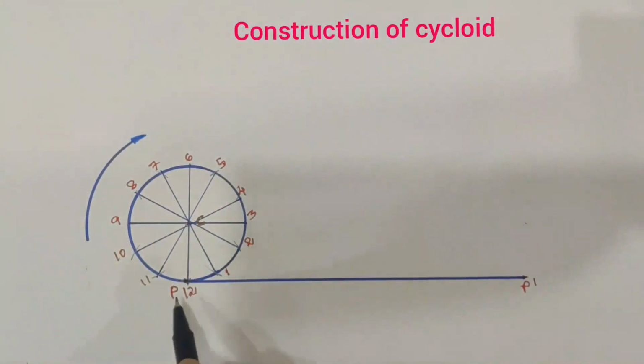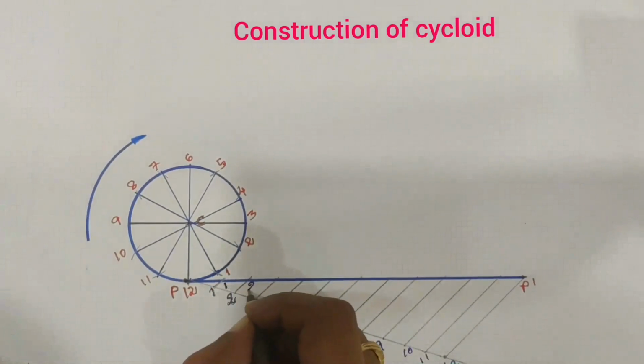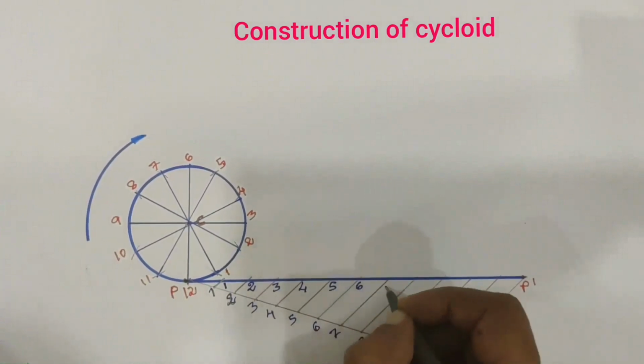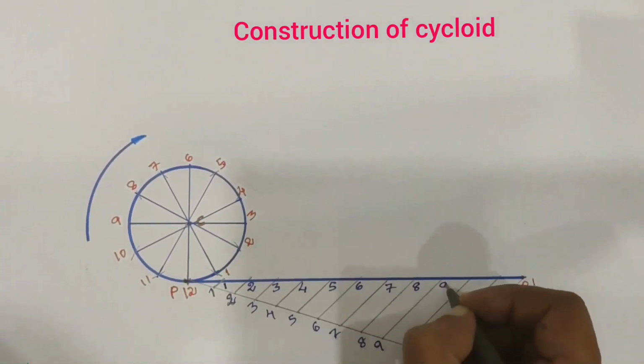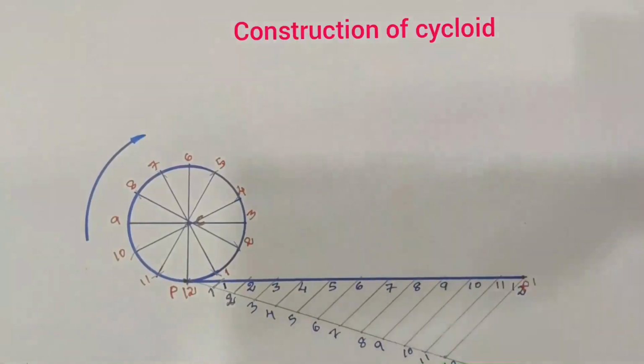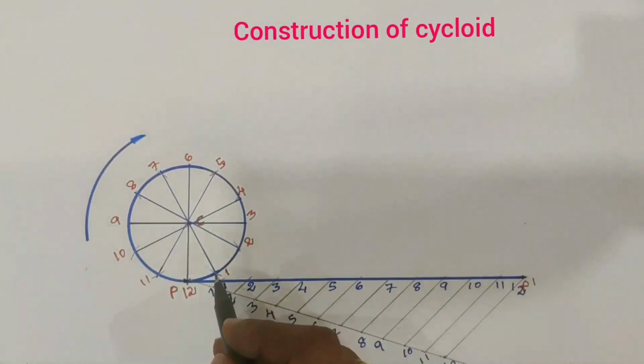Then divide PP dash, that is directing line, also into 12 equal parts by using acute angle line method. 1, 2, 3, 4, 5, 6, 7, 8, 9, 10, 11, 12. After that, draw lines parallel to the directing line passing through different division points on the rolling circle.